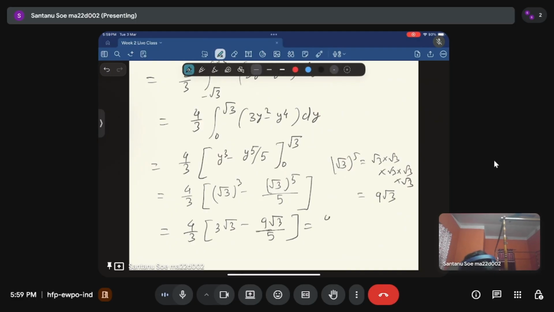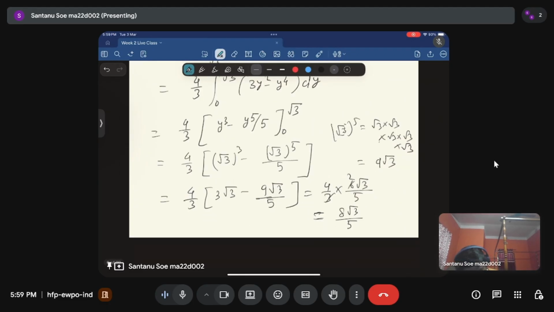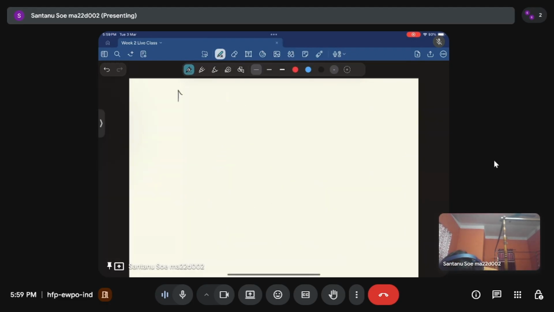So this is just 4 by 3 times 6 root 3 divided by 5. So this is 8 root 3 divided by 5. Okay, so m is given by 8 root 3 divided by 5. So this is our m.